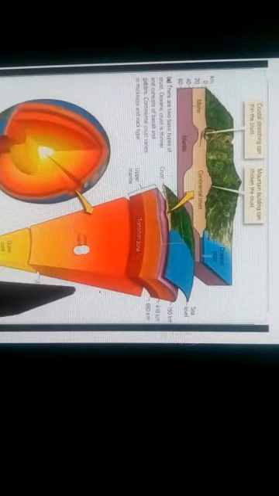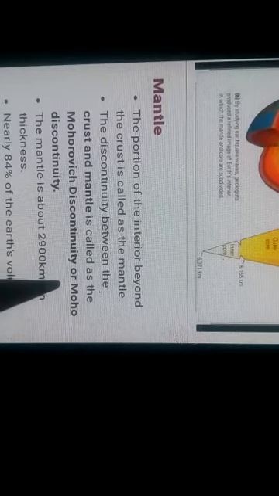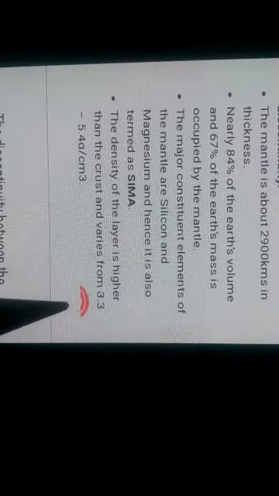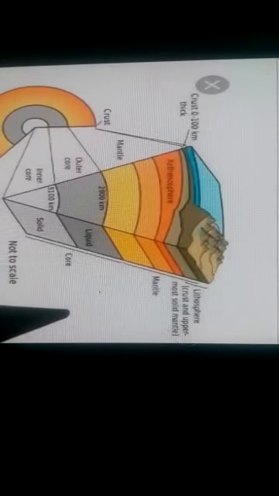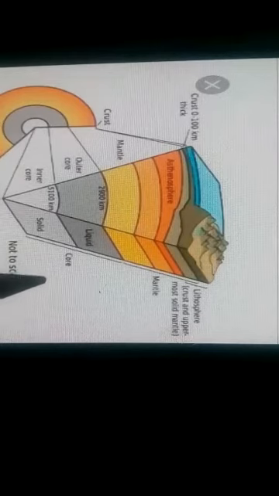The second layer is the mantle. This portion of the interior beyond the crust is called the mantle. The layer beyond the crust is called the mantle layer. Here you can see the interior structure of the earth.